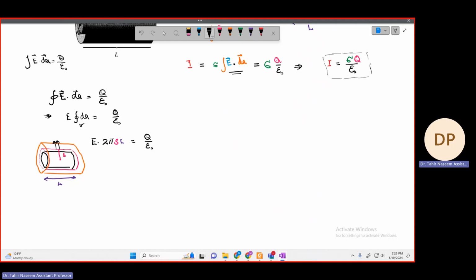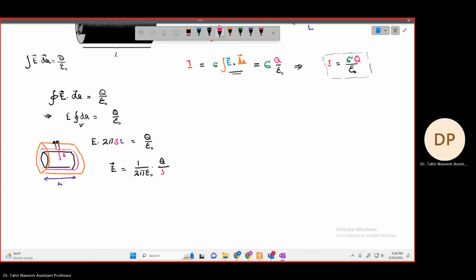Okay, fantastic. And then I can write E as 1 over 2 pi epsilon, and on the numerator I have Q, and I will divide by SL.